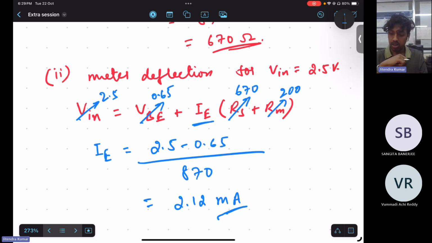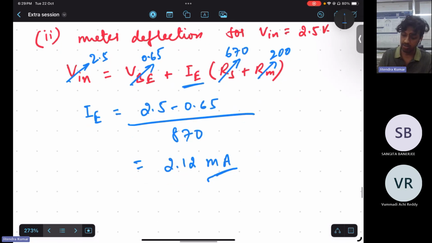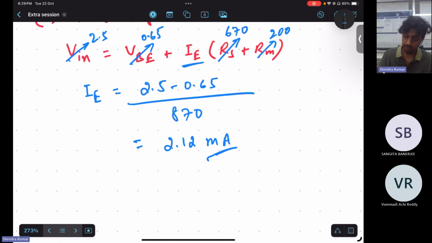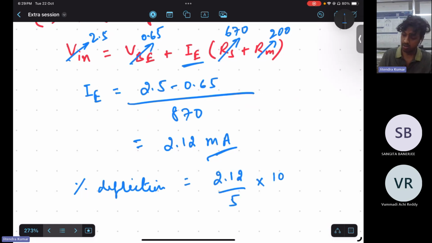Okay. So will that be answer? No, still we have to calculate the percentage of deflection with respect to full scale deflection, right? So percentage deflection is 2.12 divided by 5 into 100%.